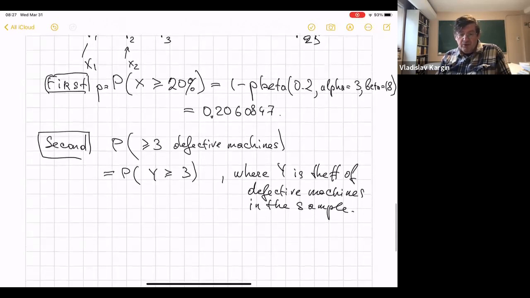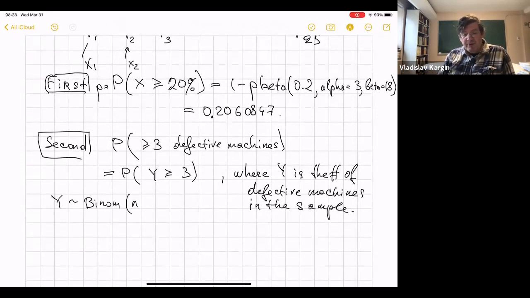From the previous calculation, we see that Y is a binomial random variable, so this is a typical problem. Y is a binomial random variable with parameter n equal to 25, so 25 items in a sample, 25 trials, and p equal to the value we calculated, 0.2026 and so on.